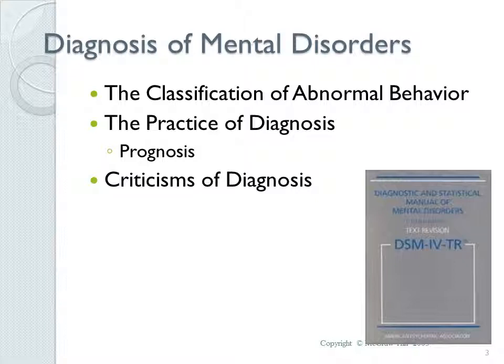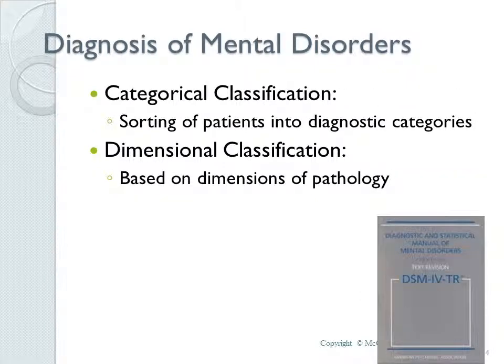Several criticisms of diagnosis. Additionally, in diagnosis we're trying to put people into these categories, but as I mentioned in the lecture on historical perspectives, every person is unique, and it's great that we want to be able to put people in these neat little boxes, these neat little categories, but in reality, that's not really the way that it goes. Oftentimes, individuals will have multiple diagnoses.